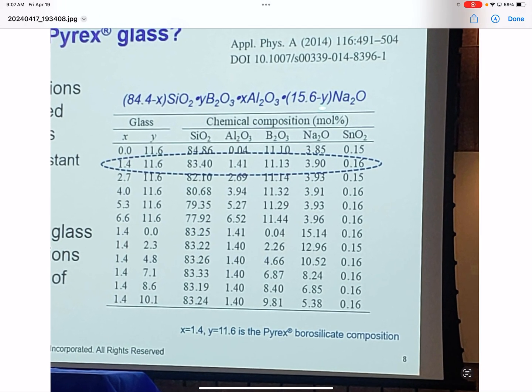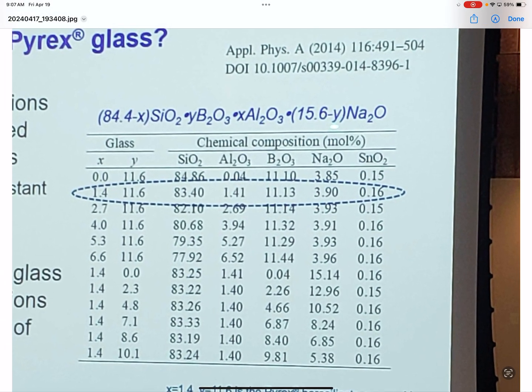This guy publishes in the Journal of Applied Physics and has spent decades as a chemist for Corning Glass, figuring out exactly what the chemical composition of different glasses are and correlating it with their properties. Do they want to make a glass that can be used in a cell phone that folds? Do they want to make a really hard material that is bulletproof? It all comes down to the chemical composition.